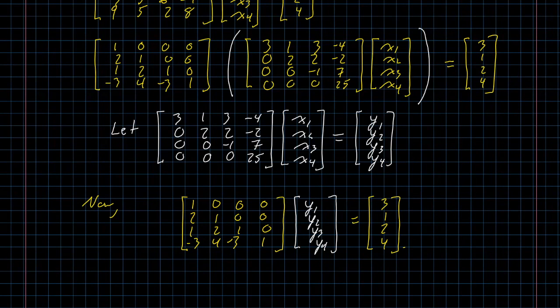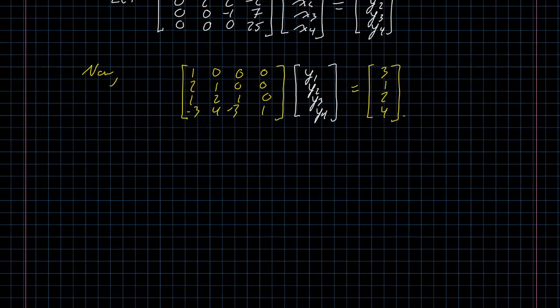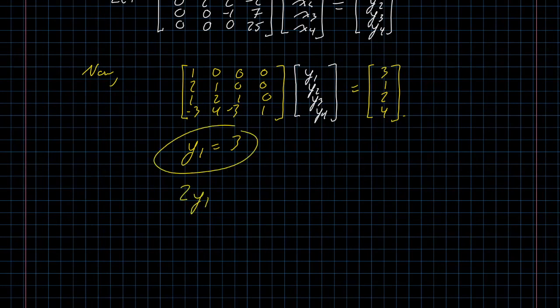And solving a system of equations when you have a triangular matrix is incredibly easy. We can just churn through. This is a lower triangular matrix, so we start at the top and work our way down. The first equation says that y1 equals 3. The second equation says that 2y1 plus y2 is equal to 1. But of course, I already know that y1 is 3.